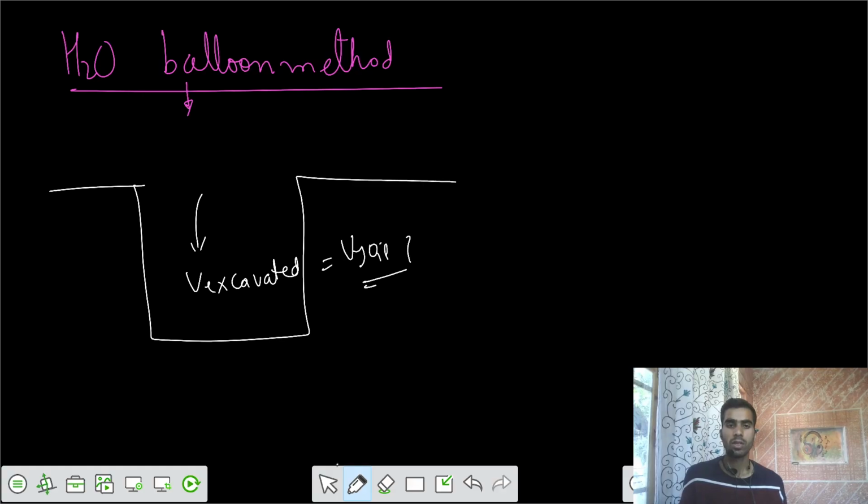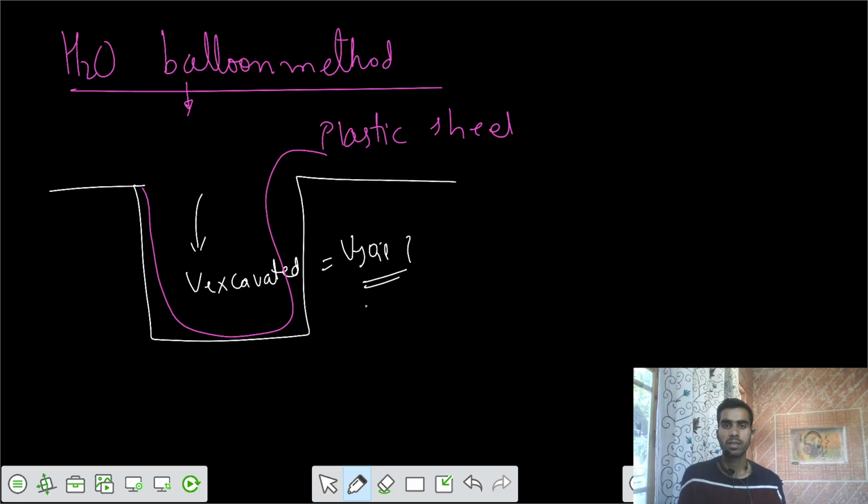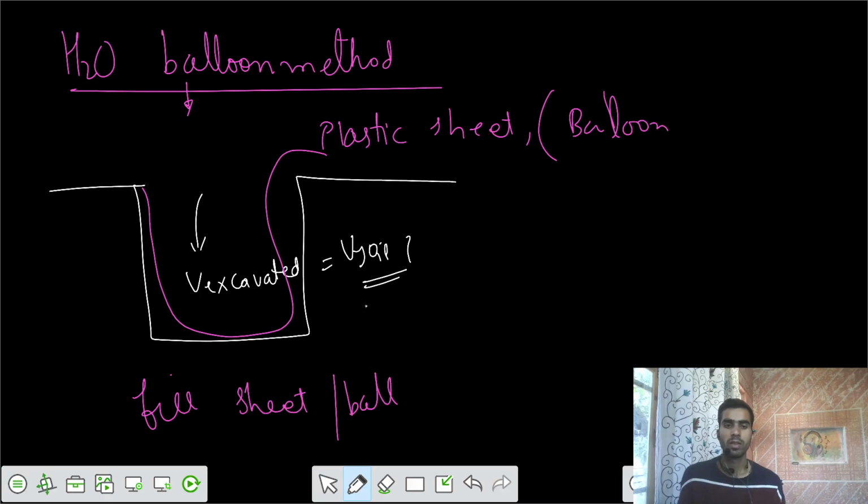So for the calculation of that volume of soil, let's place a plastic sheet, or a balloon. Now we fill that sheet or balloon with water up to the top level.